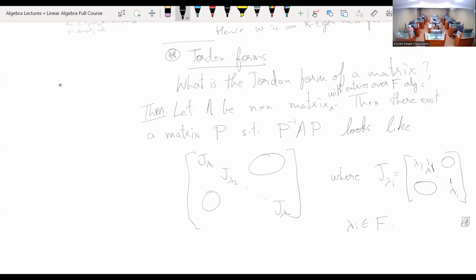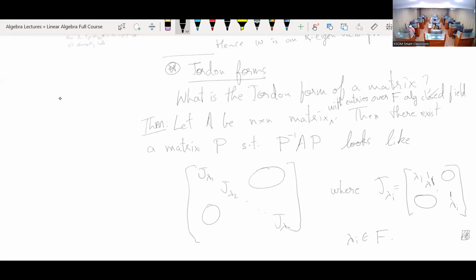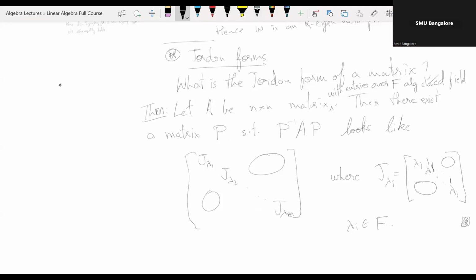In the matrix, it doesn't need to be J after J lambda n, because for it to be an n cross n matrix, it should be J lambda m. That is right.